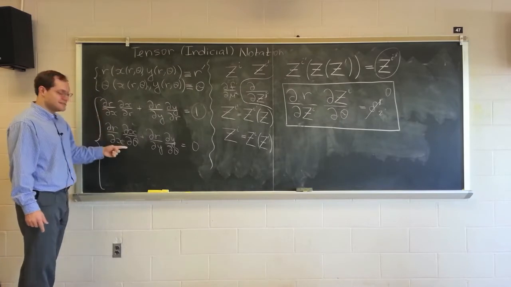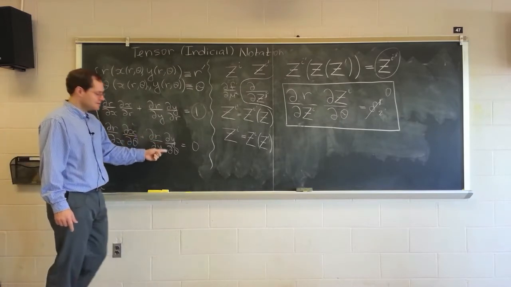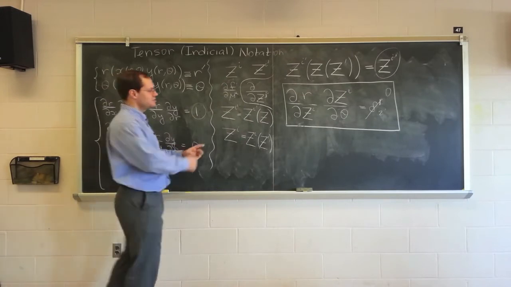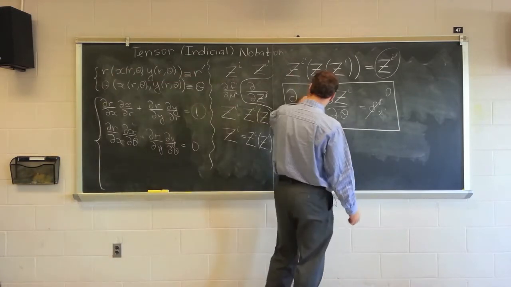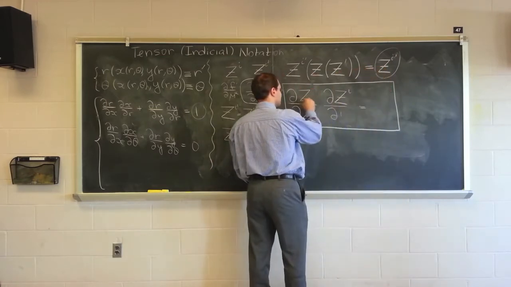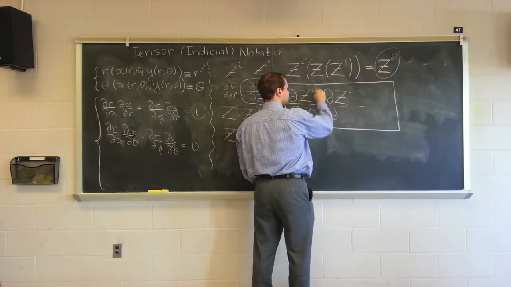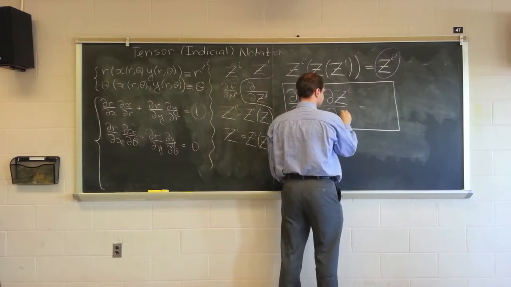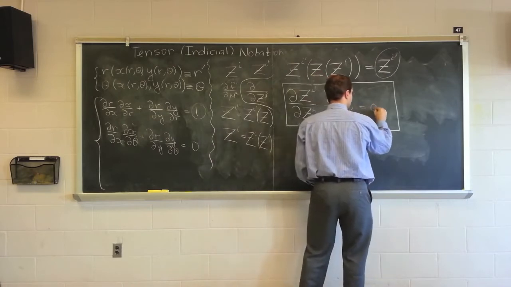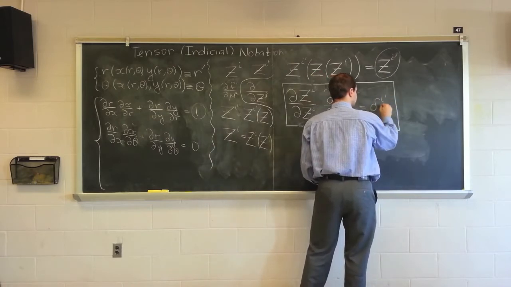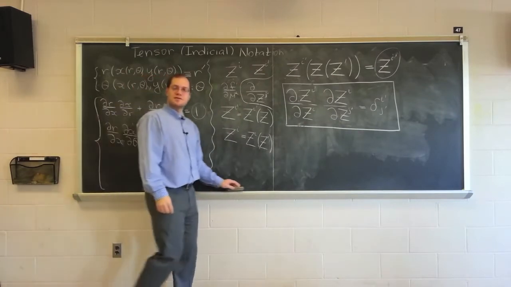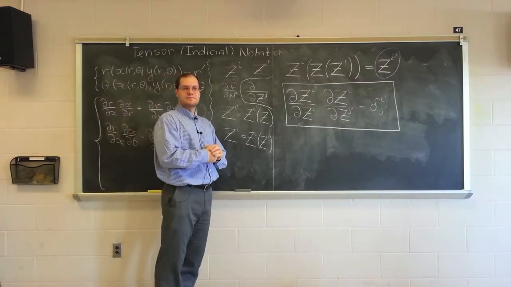So this is just a, can I say brilliant way of encoding the 27 terms among 3 identities in one simple compact expression.